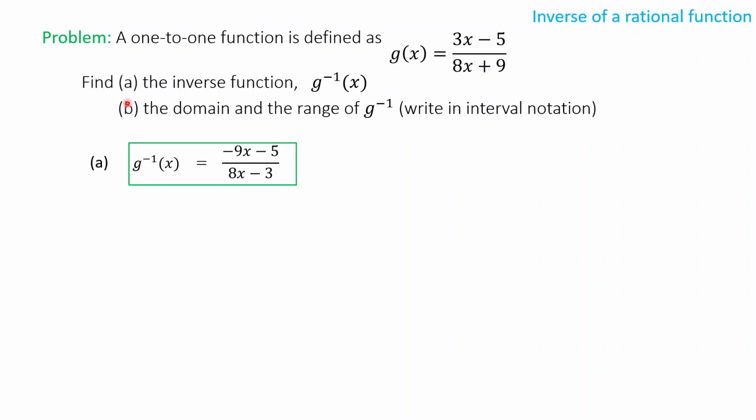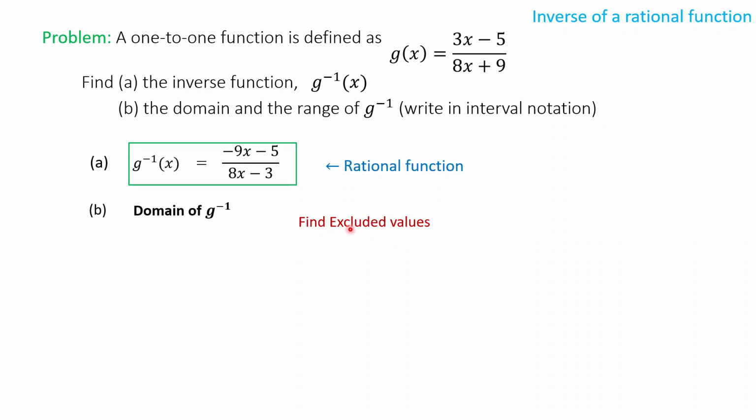Now we are going to do part B. First, we will find the domain of G inverse. That is, you need to find the domain of this function. You see here, this function is a rational function. To find the domain of this function, you need to find the excluded values.